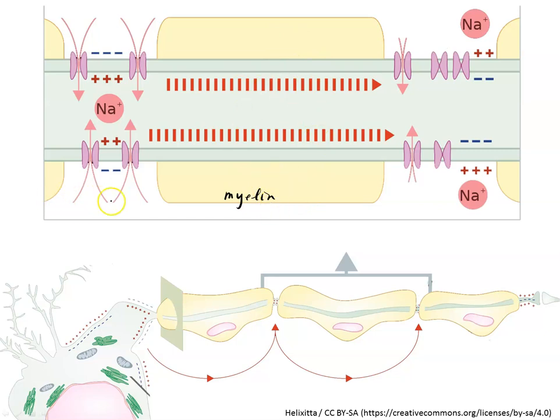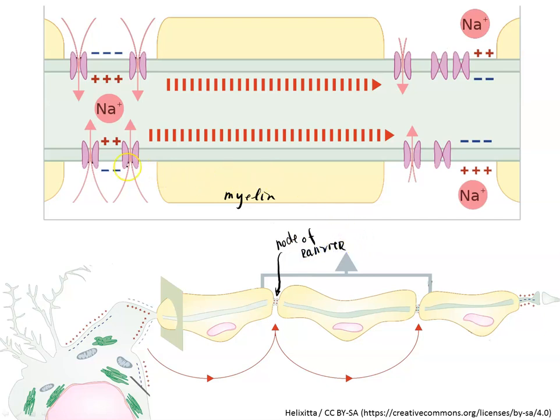And then look, what do we have here? Nodes of Ranvier, okay? I'm going to write it down in this area, just because I need the space to write. So right in here, that is your node of Ranvier.